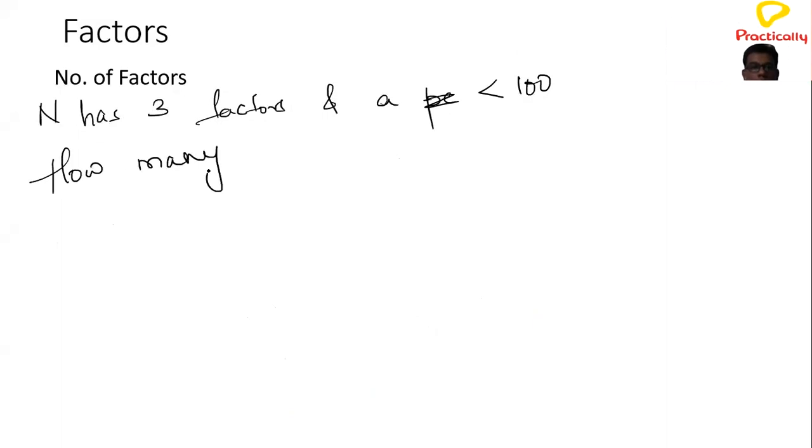How many values of n are there? So n has 3 factors and is a value less than 100. Can you tell me how many values of n are there?